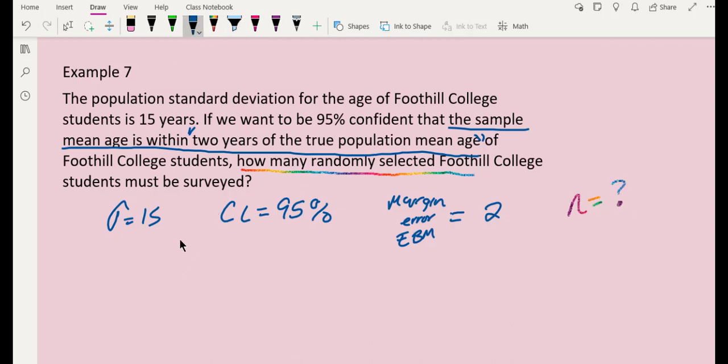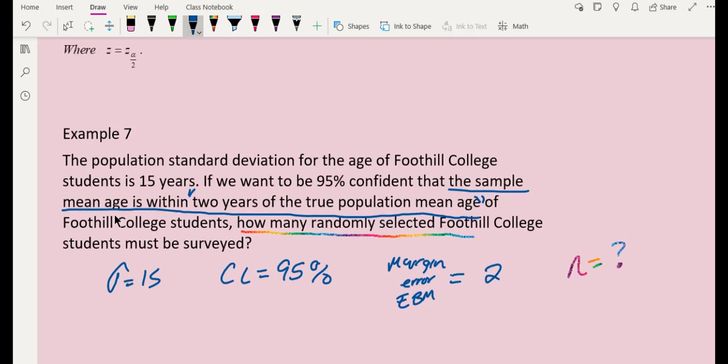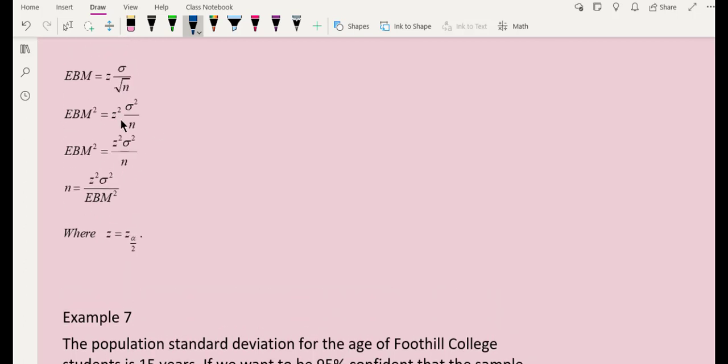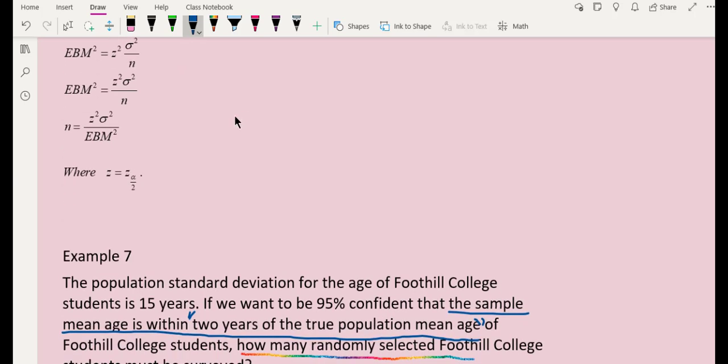If you have read through the material, I go through and discuss exactly how to get our N through some algebraic process. What we need to know is this formula: N equals Z squared times the standard deviation squared, divided by the margin of error squared.